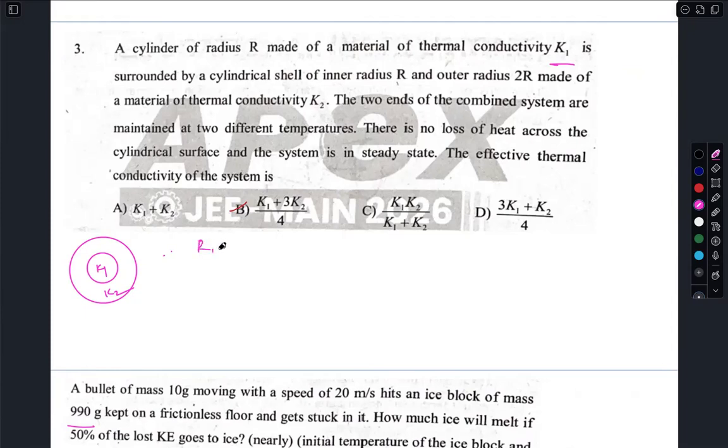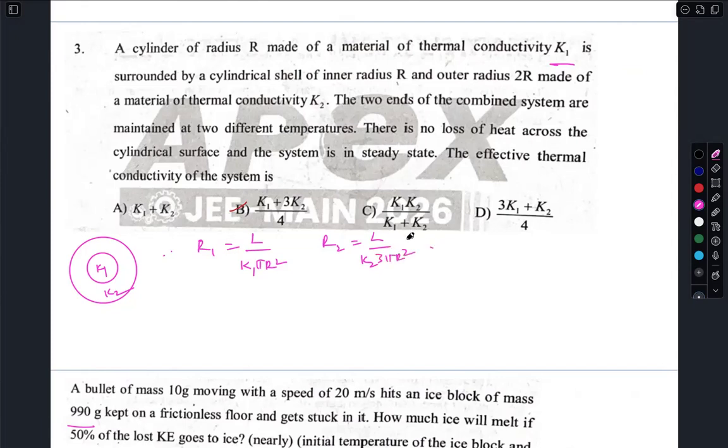So एक resistance होगा L by K1 times pi R square. पक्का है ना? R2 is equal to L by K2 pi, 4R square minus R square, 3 pi R square. Correct.